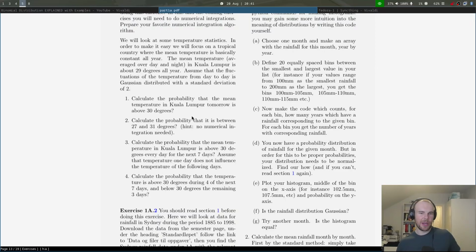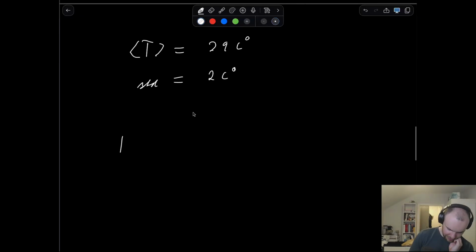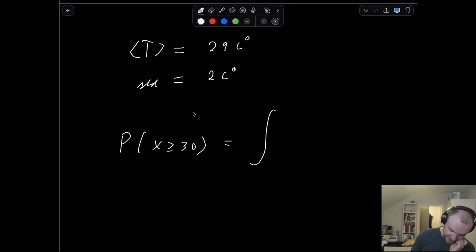Okay, so now calculate the probability that the mean temperature in Kuala Lumpur tomorrow is above 30 degrees, which means the probability that x is bigger or equal to 30. The probability for that is the integral. Remember, this is a continuous distribution, so we need the CDF.